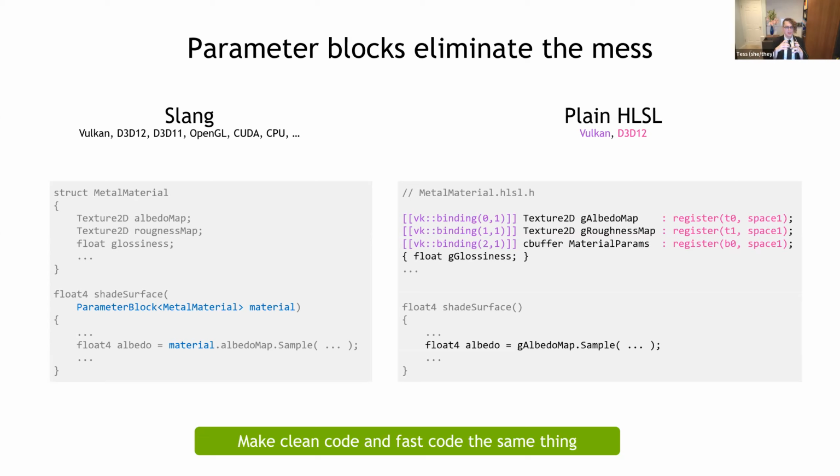SPIR-V, and to a lesser extent DXIL, start to open the door to more languages being possible on top of these platforms. But honestly, that's part of the sticking point: we don't have pervasive enough virtual ISA interfaces to different graphics platforms the way we do in the CPU space. They're not even virtual ISAs in most of those cases.